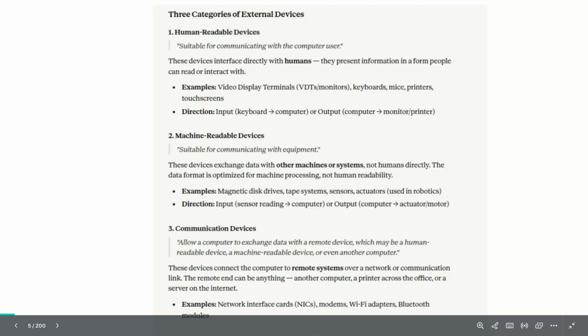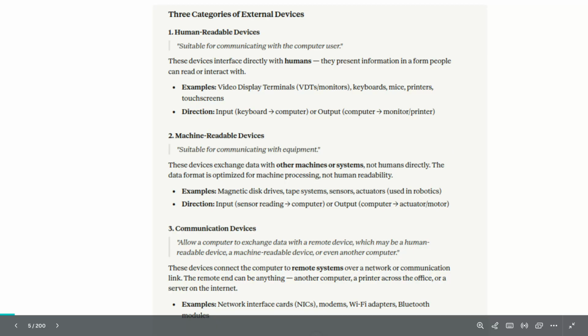Now we have to understand what these categories of external devices are. Human readable external device means it is suitable for communicating with the computer user. These devices interface directly with humans.